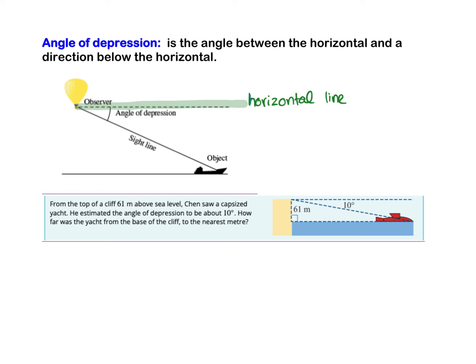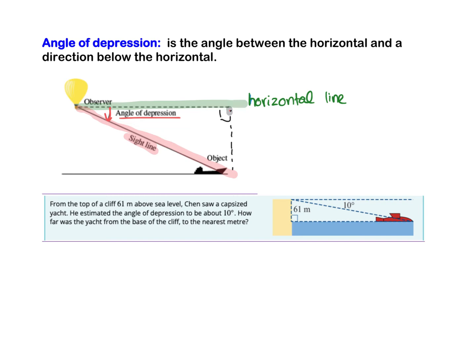You can see the depression, we're looking down there. There's the angle of depression, and when you look down, here is the line of sight. So depression is when you're looking down. Now you can see we can make a right angle triangle when you join it up like that.